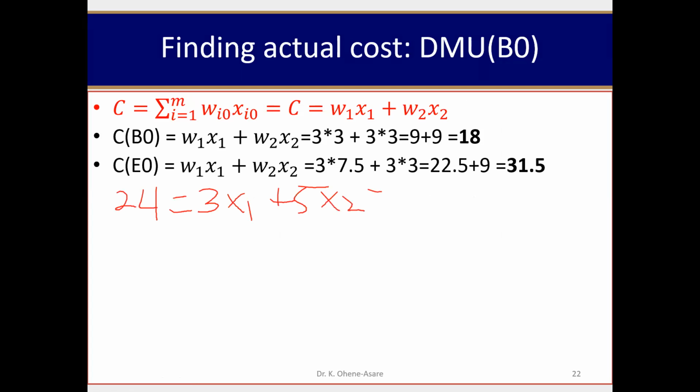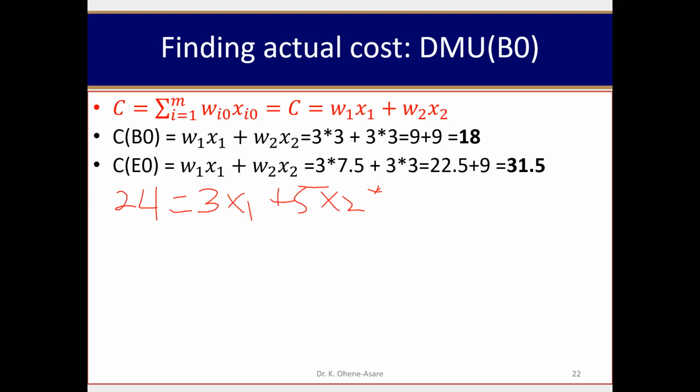And then what you are going to do now is to find the value of x1 when x2 is 0, and the value of x2 when x1 is 0. So the value of x1 when x2 is 0 is what? This is a quick 24 by 3, which is 8.